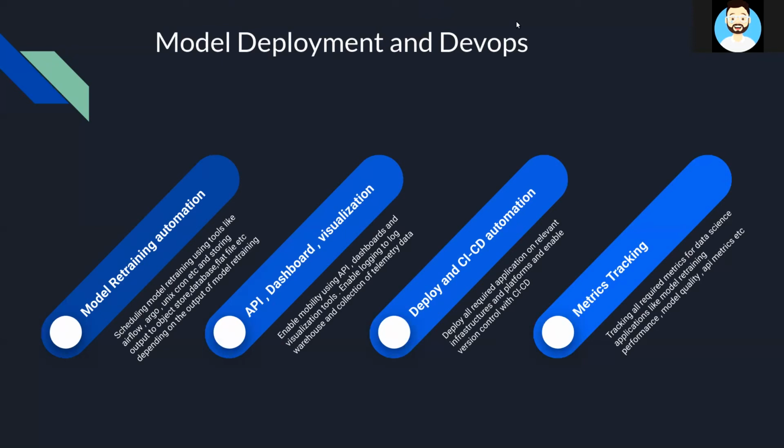The next component is the deploy and CI/CD automation part. Now you have your API ready, your model retraining script ready, and all those steps ready. You would want to deploy and enable version control and CI/CD on top of it.